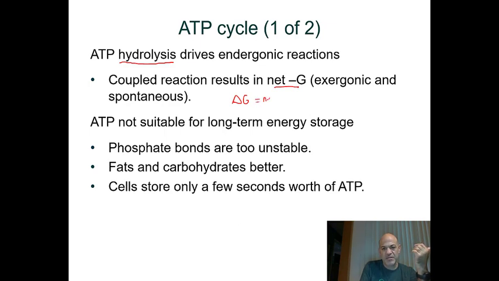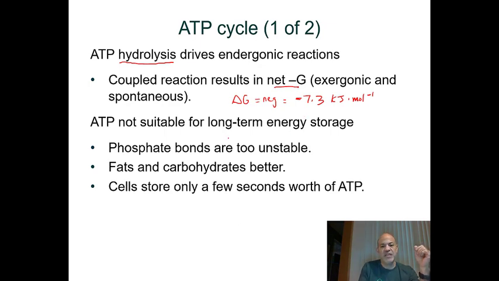Not only is it negative, off the top of my head, it's somewhere around negative 7.3 kilojoules per mole of ATP. So it's exergonic. It gives off energy. It's spontaneous. That energy given off can be used to power other processes that are endergonic and require energy.